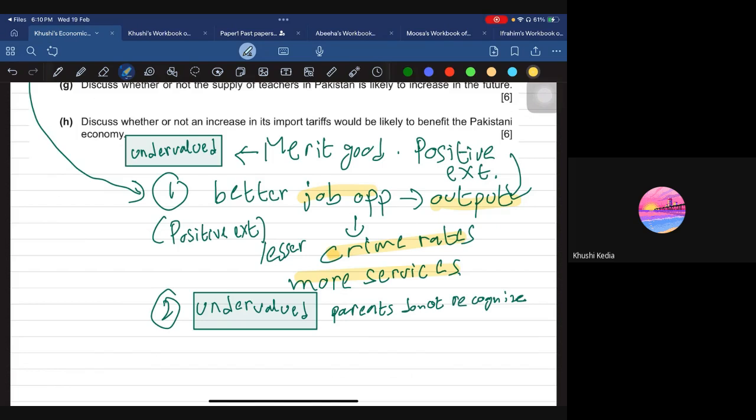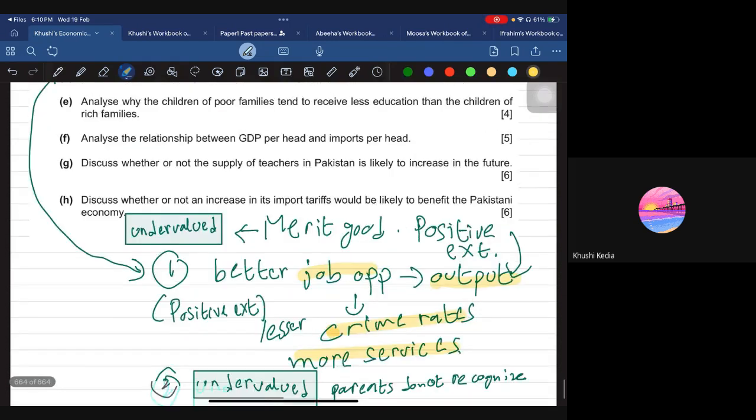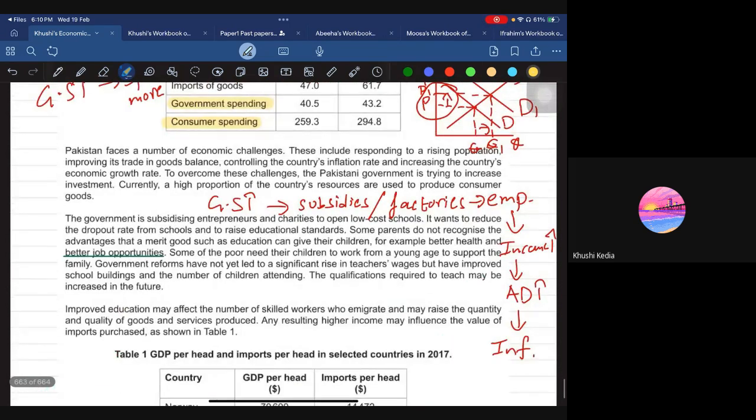Are they undervalued by the consumers? Yes, we have created a link that parents do not recognize the benefits. And secondly, there is another thing. You also see that they say that some of the poor need their children to work from a young age to support the family.